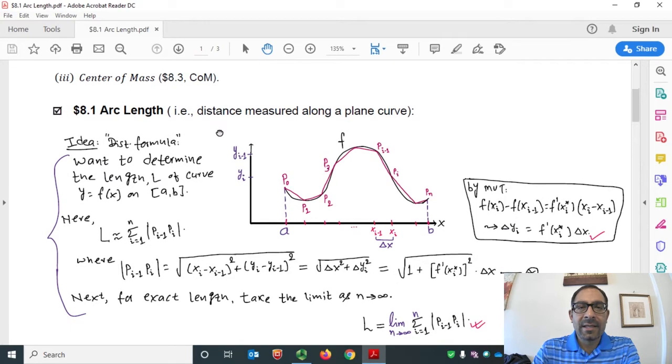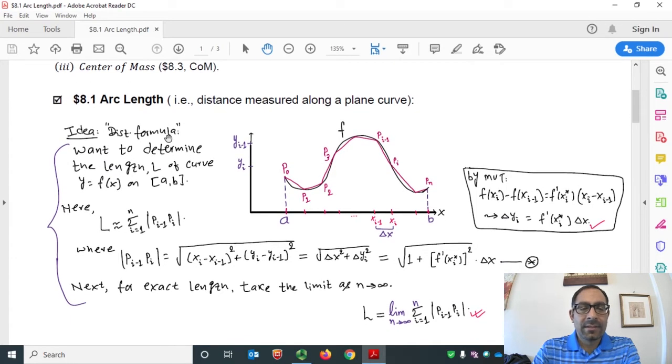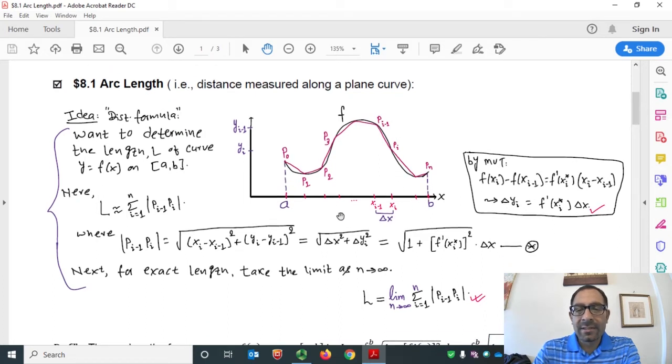The key idea is the distance formula. We want to determine the length L of the curve y equals f(x) on [a, b]. The idea here is to partition the interval [a, b] into smaller subintervals with equal length delta x.